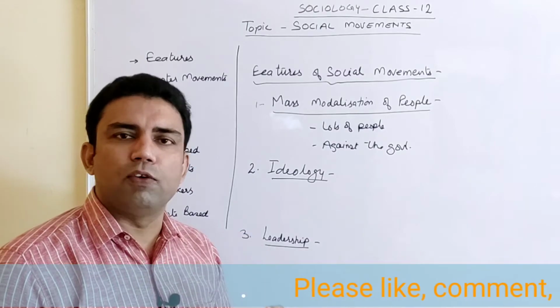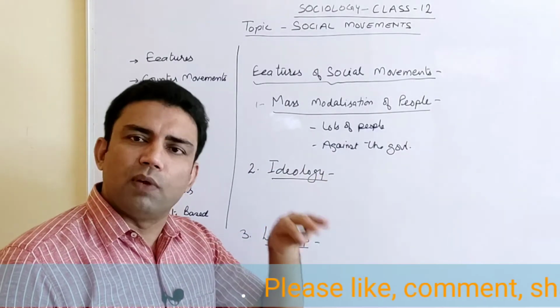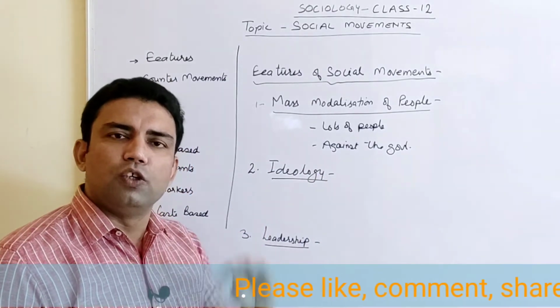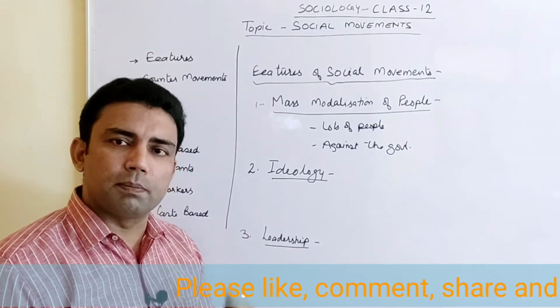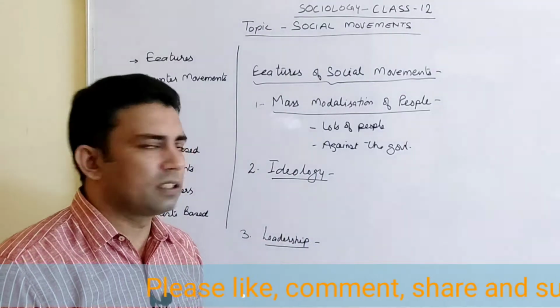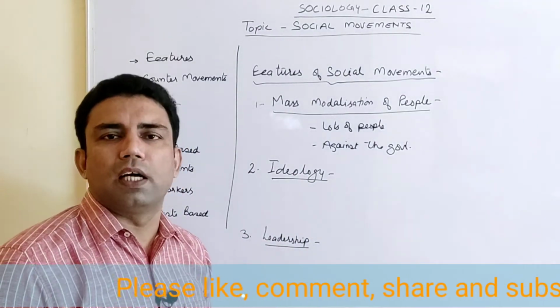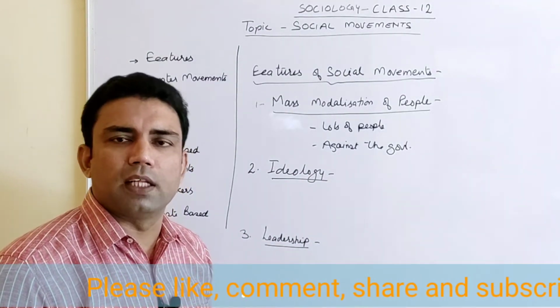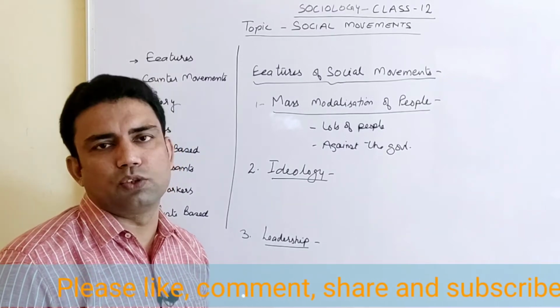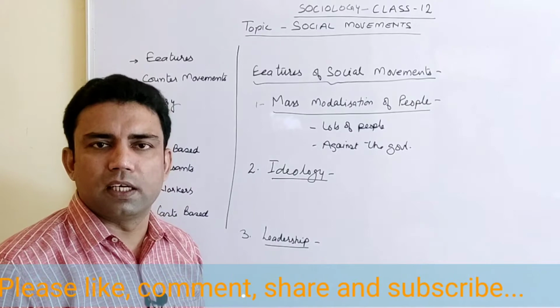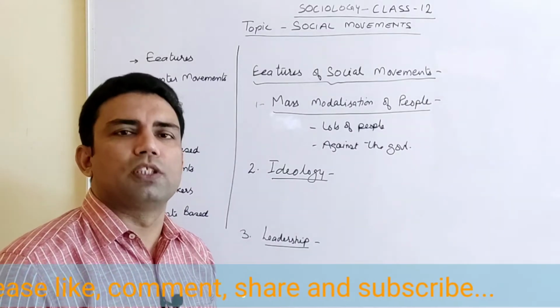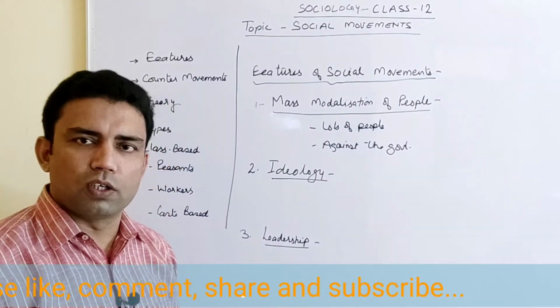If you are very few people, then your movement will be suppressed by the government. You people will be arrested by the police or somebody else. So it is better to have the mass mobilization of the people. If a lot of people join, working together, moving ahead for the social change, then only are there chances of becoming successful. Otherwise, there is no possibility to continue it for a long time.